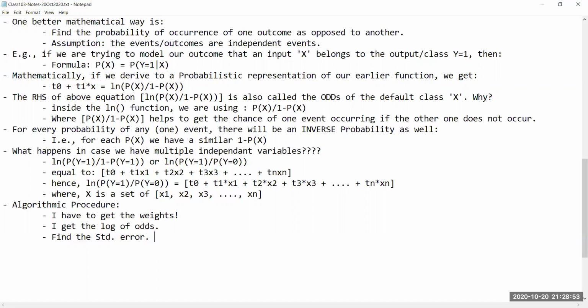And there is a certain way in which I'm going to represent the errors as well. It's the same table which we have seen earlier, known as the confusion matrix. I'm going to put all of these details into my confusion matrix, especially the calculations using the standard error.